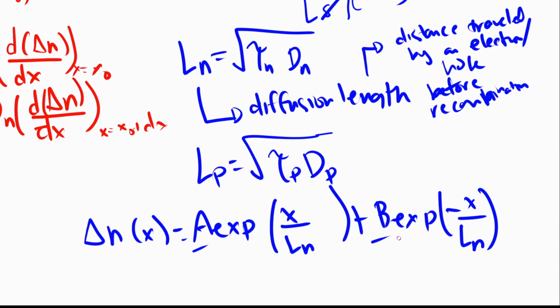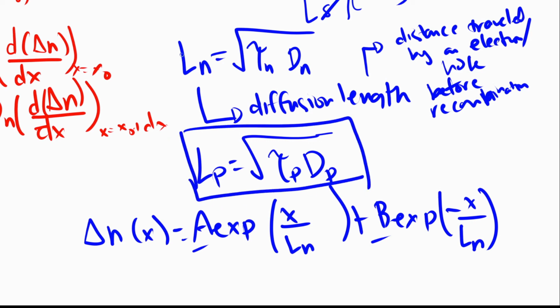From here, we can get the concentration profile of our electrons, or charge carriers, in our system. A very useful characteristic for getting the correct concentration profile is our diffusion lengths.